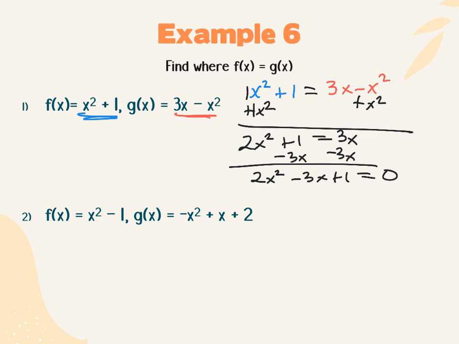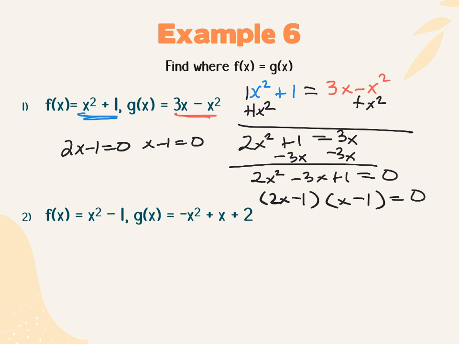So now you can either factor by grouping or do guess and test. Let's do guess and test. Factors of 2x squared are going to be 2x times 1x. Factors of 1 are just 1 times 1, but they're negative because that middle term is negative. Now set each factor equal to 0. So 2x minus 1 equals 0, and x minus 1 equals 0.